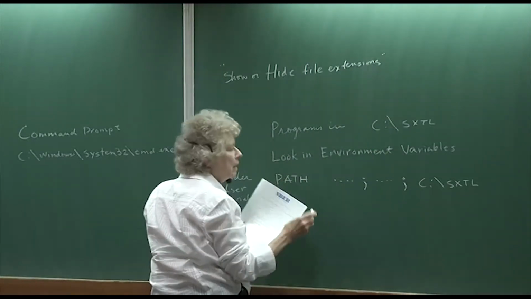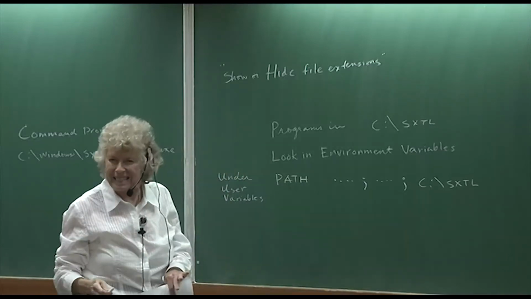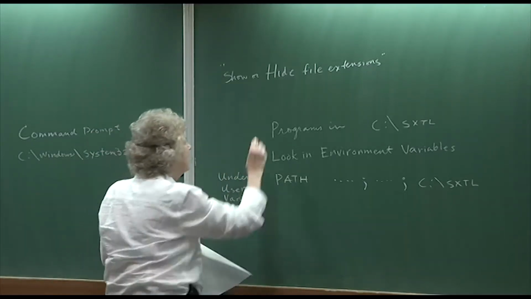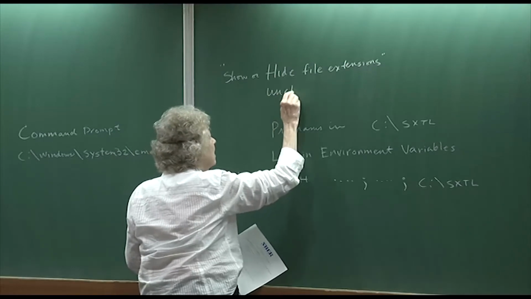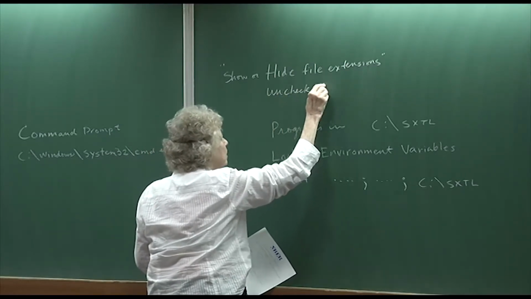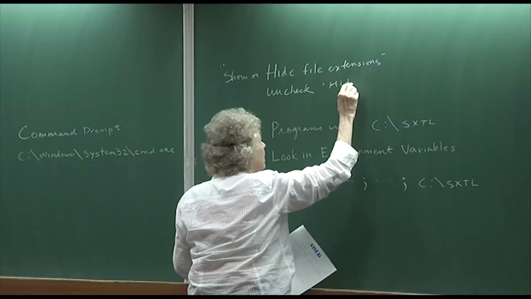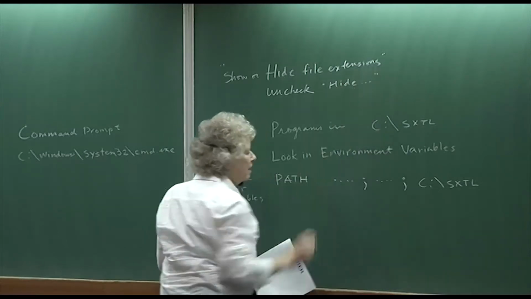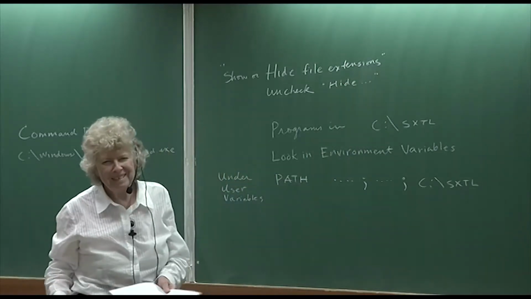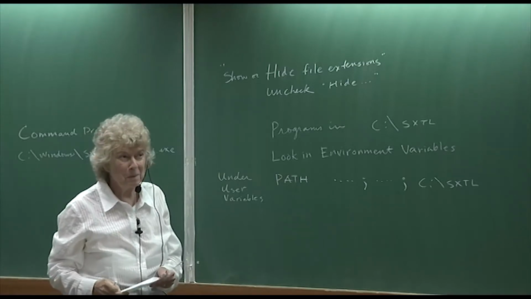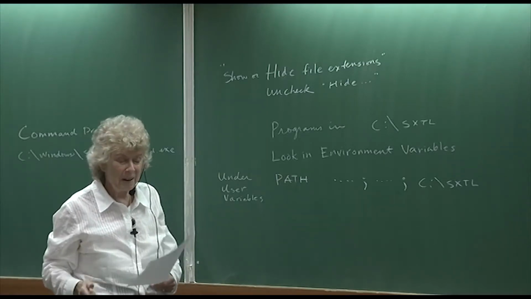And you want to uncheck the box that says hide. Don't hide, okay? The one that says hide. Whatever it says. So that's all. If you can just do those things, I think we'll be smooth sailing after that. I hope so.